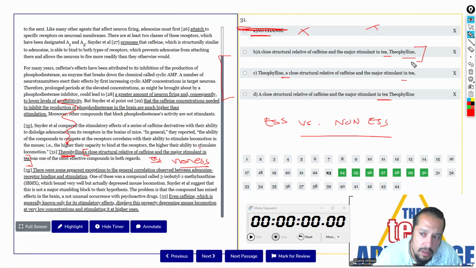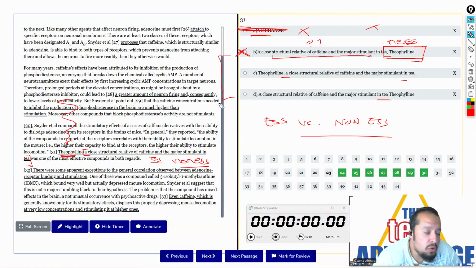Look at answer B. A close structural relative of caffeine and the major stimulant in tea, theophylline. This has the name as non-essential, right? So is the name theophylline essential or non-essential to the meaning? It's essential, because I don't know what we're talking about right now. I don't know.